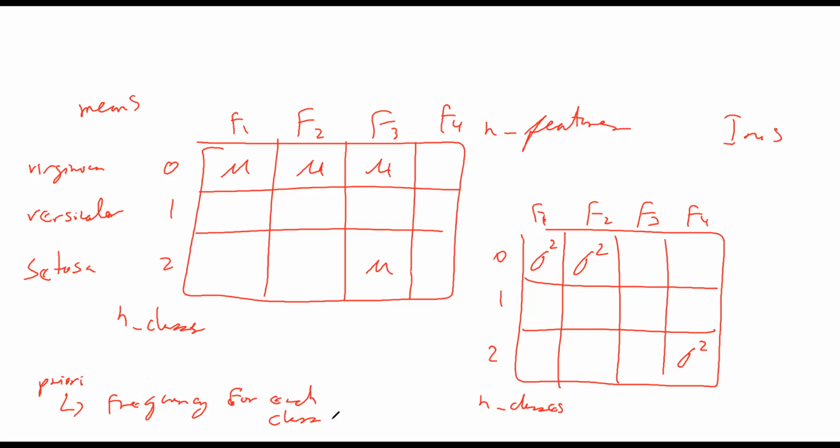Therefore, for this one, we just need a simple vector, right? So we will just need a simple vector of size n classes, given that we're just going to calculate the frequency for class 0, for class 1, class 2. But what we're going to have there is the frequencies themselves, right? So frequency of 1, frequency of 2, frequency of 3.